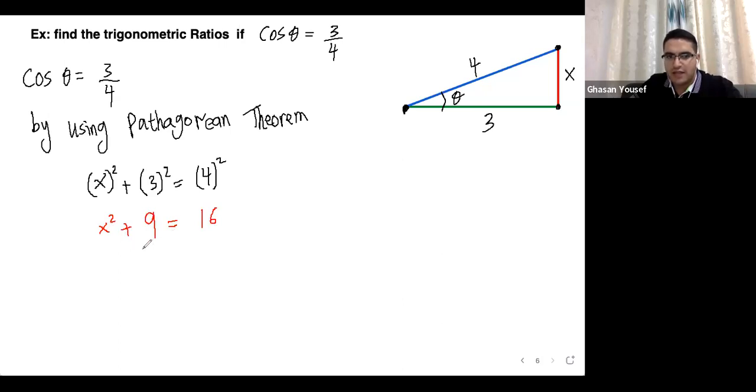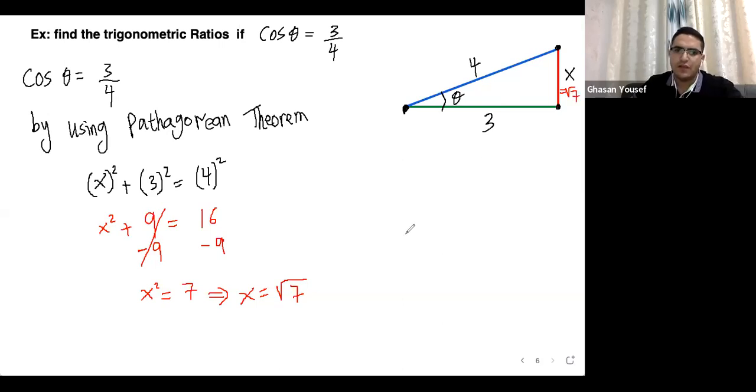Now I have to subtract the 9 from both sides, because my goal is to find x, so the 9 cancels out. 16 minus 9 is 7, so x squared equals 7. Now you take the square root of both sides because I need the value of x. So the value of x equals the square root of 7.